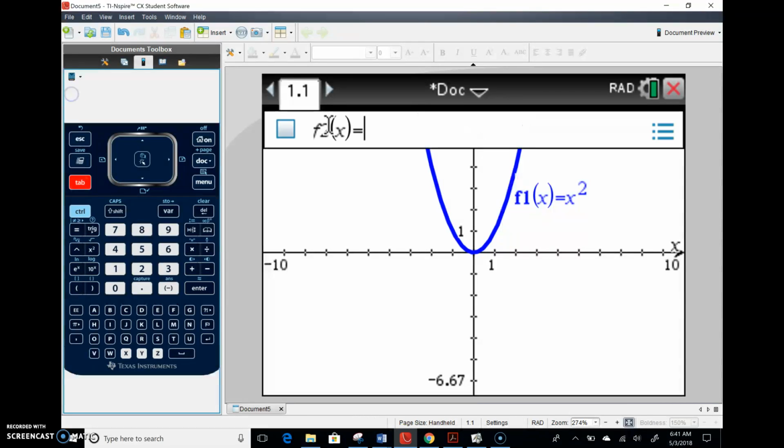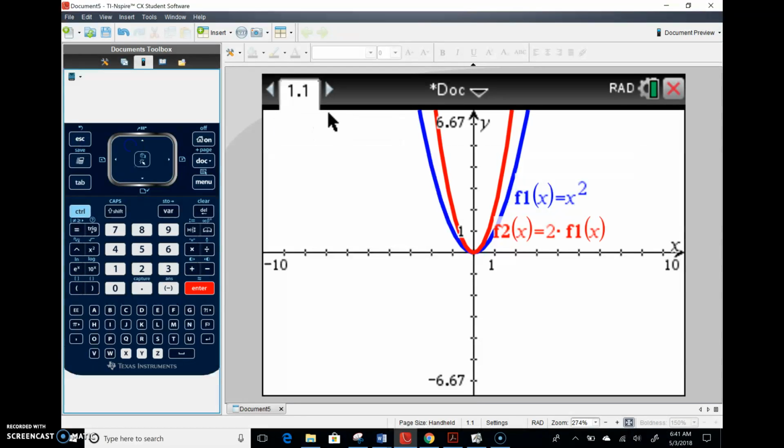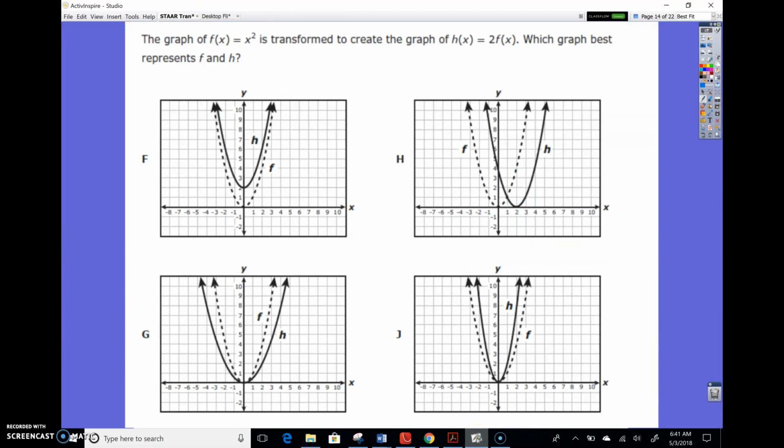I'm going to go to tab F2 and put 2, because we're looking at F1, right? So I put 2 F1 of x, so I can refer back to my original equation. You see that? It made it more narrow. So h is more narrower than f. So the answer is J.